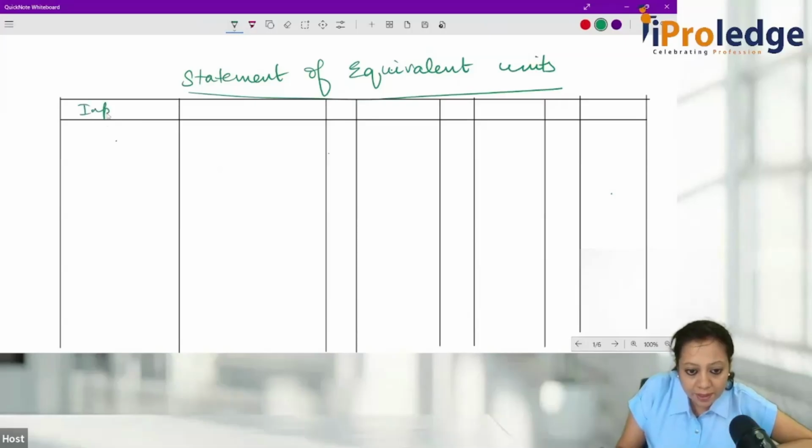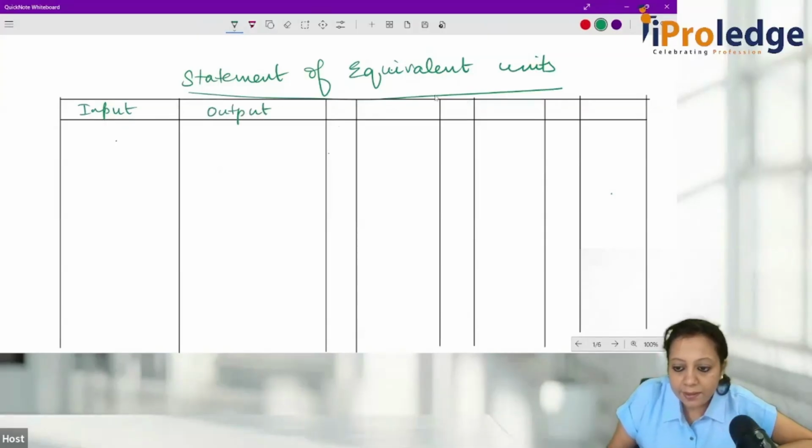So here we have input, here we have output, and here we have equivalent units. Okay. So this is for material.